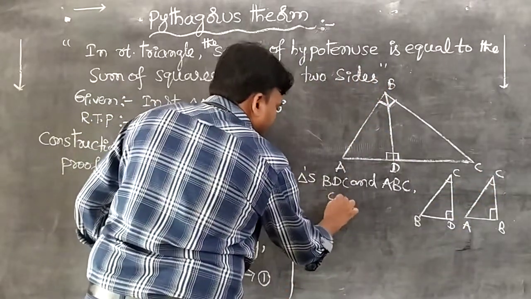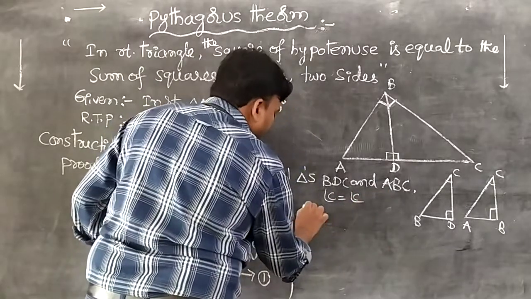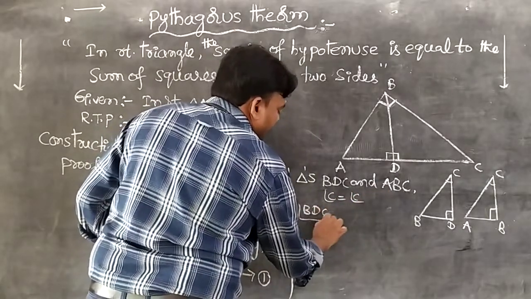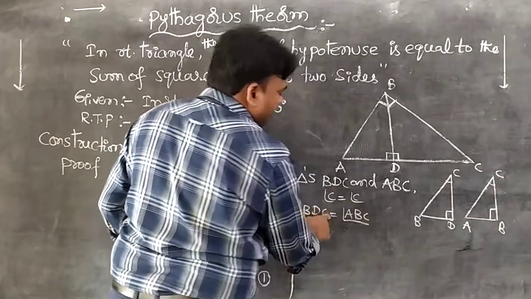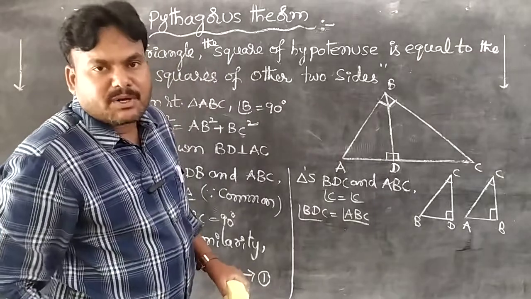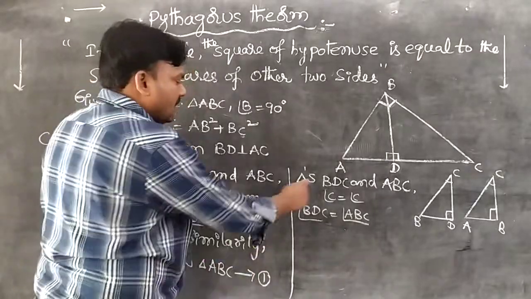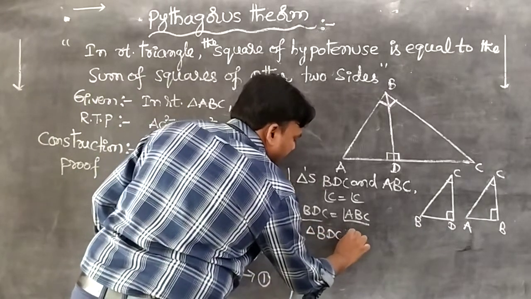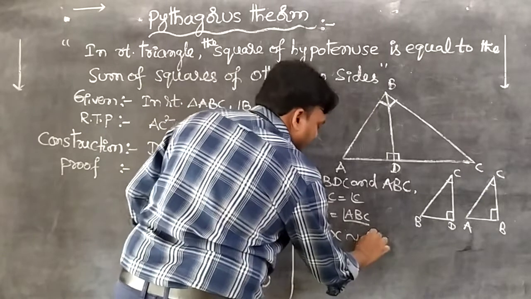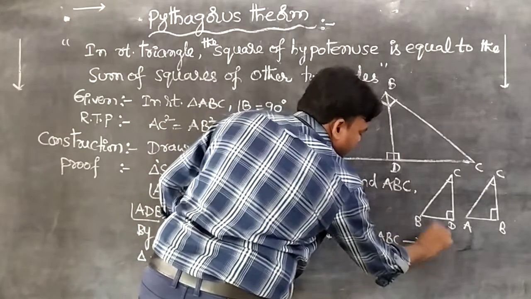So here, angle C equal to angle C. Next one, angle BDC equal to angle ABC. Here two angles are equal. By using the angle sum property, we can get the third angle also. So by AA similarity, what you get finally? Triangle BDC is similar to triangle ABC, which is equation number 2.